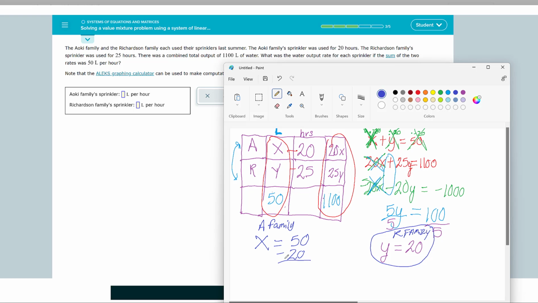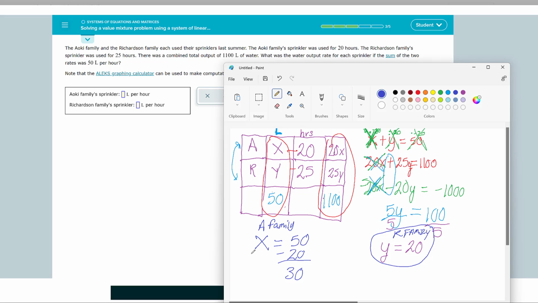Why am I minusing 50 minus 20? Well, we know that per hour, our R family used 20, and the total rate for the sum was 50. So to find the X family, we're just going to take 20 away from that 50, which is going to give us 30.